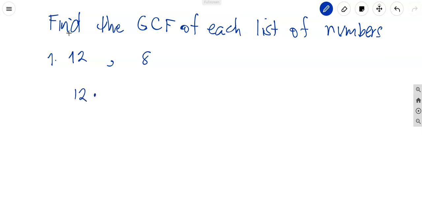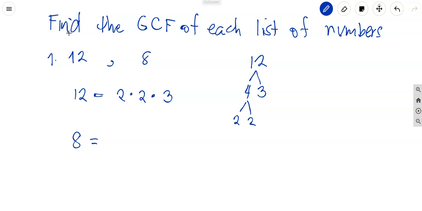We will have 2 times 2 times 3, because 12 is 4 times 3, and then 4 is 2 times 2. How about 8? 8 equals 2 times 2 times 2.